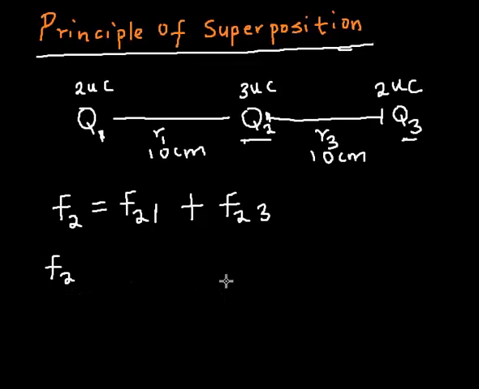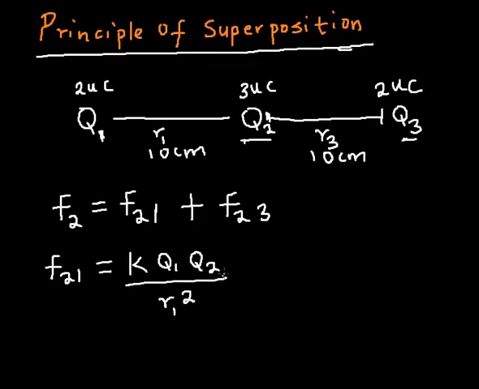So let's start with F21. The force on charge Q2 due to charge Q1. And of course, F21 is going to be from Coulomb's law, that's going to be kQ1Q2 divided by R1 square.